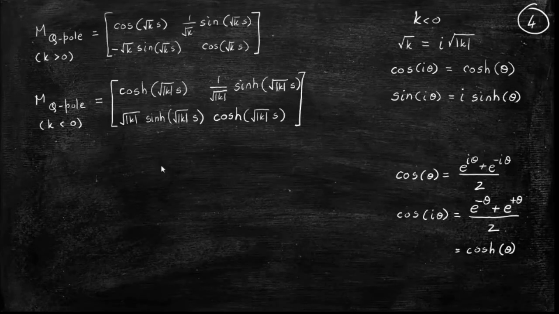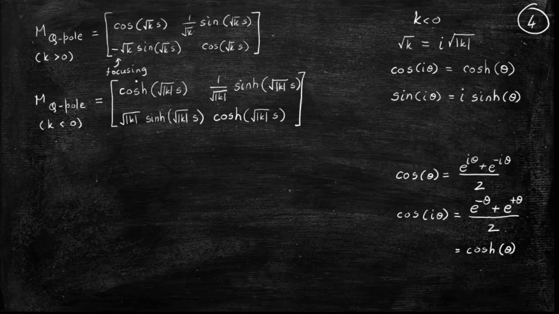Okay. Basically, you get this. Of course, this looks horrible, but you notice one very important thing, that when k greater than 0, you have a focusing term, and when k less than 0, by our logic of the last slide.